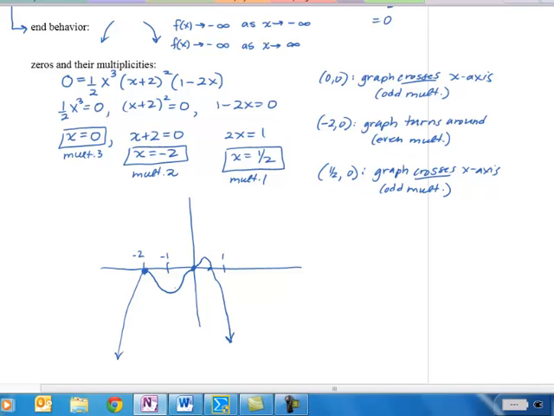So again, I'm not going to be concerned about the high and low points here unless you're given a calculator, but you should be expected to put a graph like this with this much detail together without a graphing calculator. So the correct end behavior, the correct x-intercepts, and the correct either crossing the x-axis or turning around at each x-intercept.